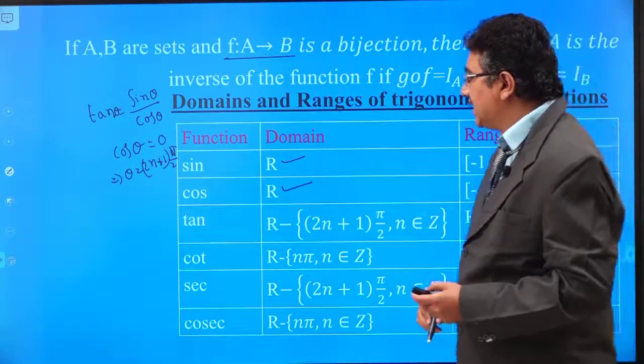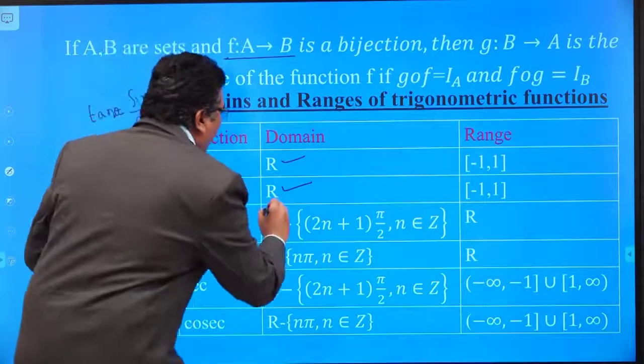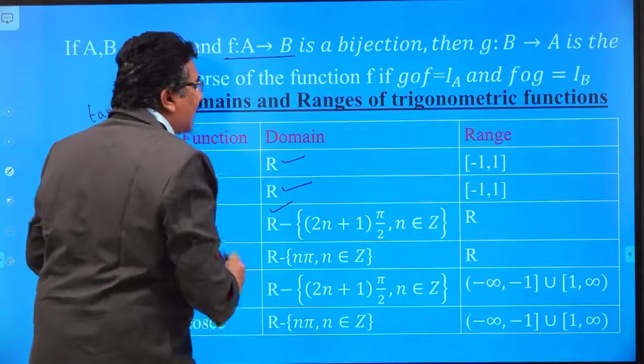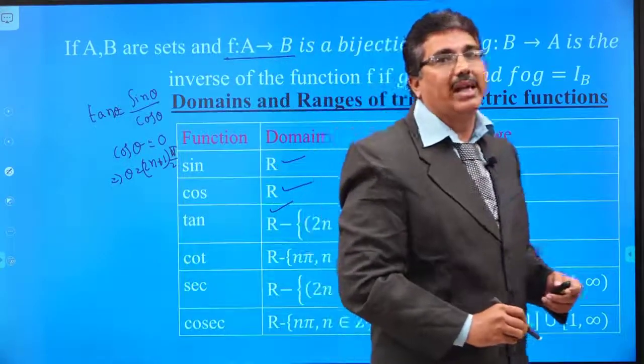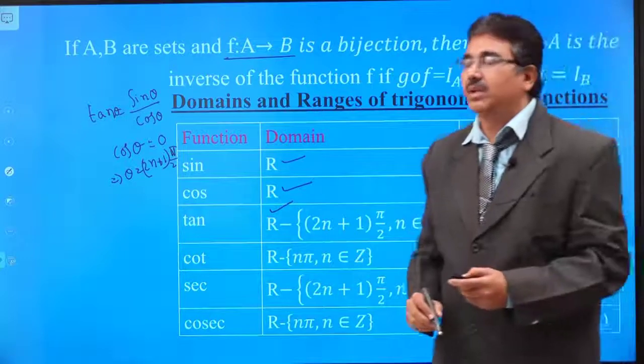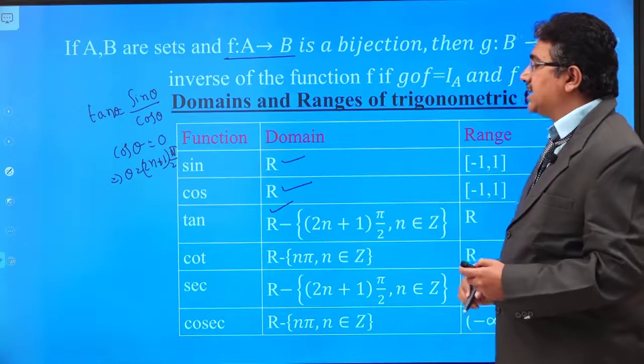That is, the set of all real numbers except numbers of the form (2n plus 1) pi by 2 where n belongs to Z.